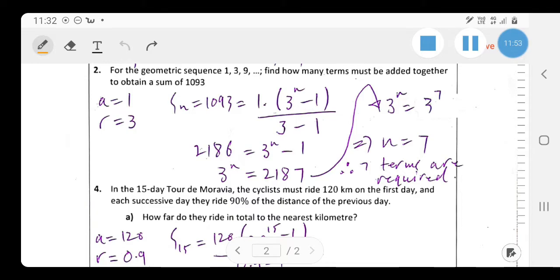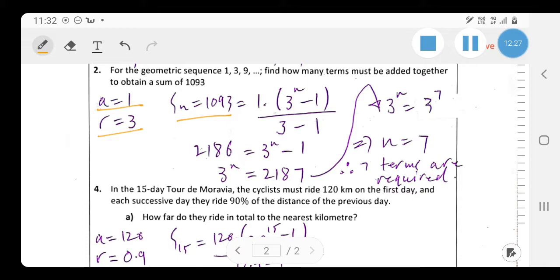All right, question 2. For the geometric sequence 1, 3, 9, etc., find how many terms must be added together to obtain a sum of 1093. So what do we have? We have that A equals 1. We have R equals 3, because T2, 3, divided by T1, 1 equals 3. And we have that the sum to some nth term is 1093.